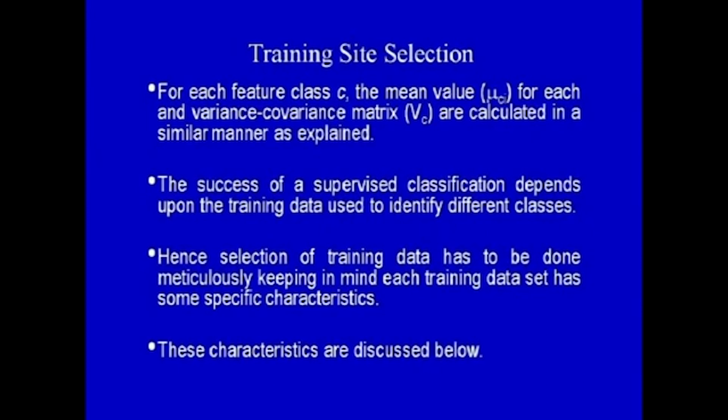The success of supervised classification depends upon the training data used to identify different classes. Hence, selection of training data has to be done meticulously, keeping in mind that each training data set has some specific characteristics. These characteristics are discussed below.